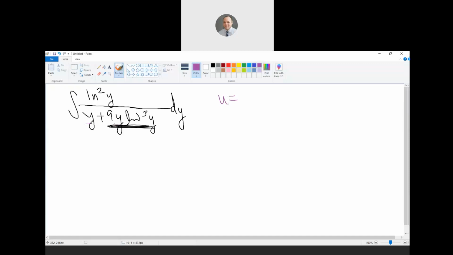Out of both terms, we can pull out a GCF of y. So when we pull out a y out of both monomials, we're left with 1 plus 9 natural log cubed of y. And what's in parentheses, let that be your u.